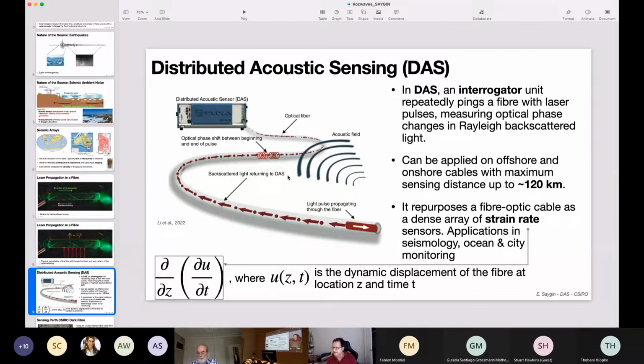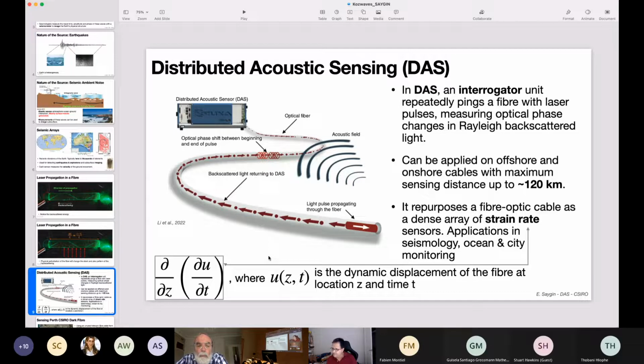The moment we know the strain rate, this cable becomes like a highly dense seismic sensor string, and we can use it to measure the wavefield. In a typical setting, we can measure up to 100 kilometers along the fiber. So you can think that you put seismic sensors along this 120 kilometers and record simultaneously.